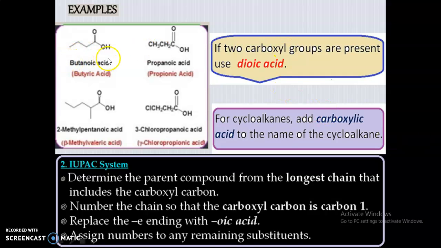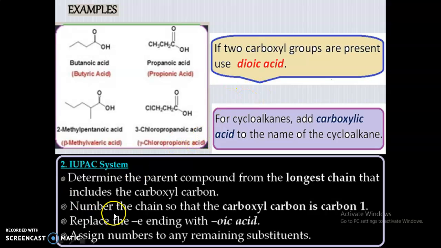This is butanoic acid, butyric acid, and propanoic acid, propionic acid. These are the common names, and these are the IUPAC names. 2-methyl pentanoic acid is called beta-methyl valeric acid. This is alpha, beta, gamma. So it is called gamma chloropropionic acid.